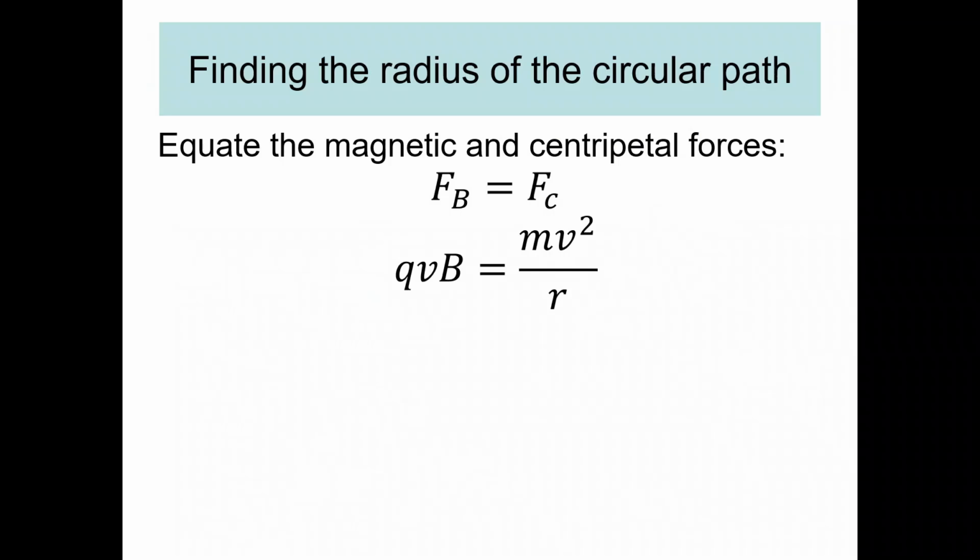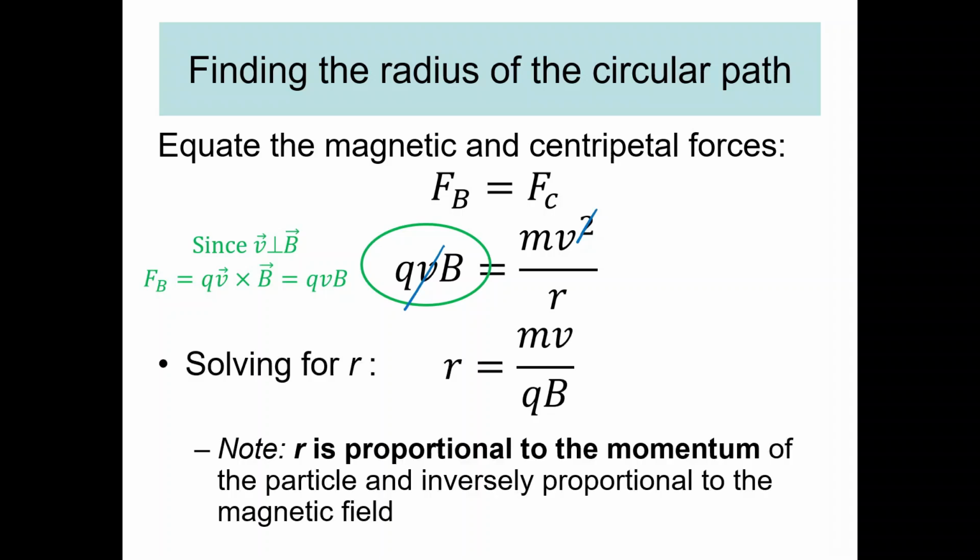And our magnetic force is QVB because our cross product V cross B is just equal to VB because it's perpendicular. So that's nice. So what ends up happening is one of the V's cancels out here. So that's going to simplify our math down a little bit. And if you solve for R, we get R is equal to MV over QB.